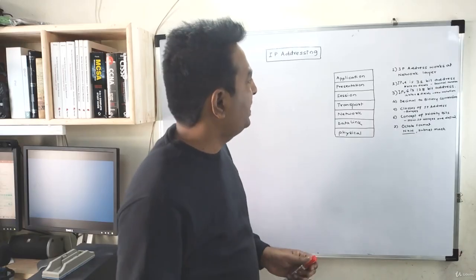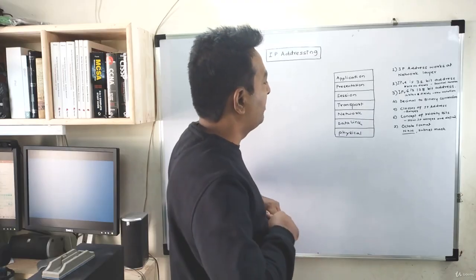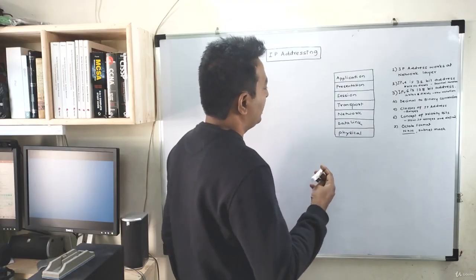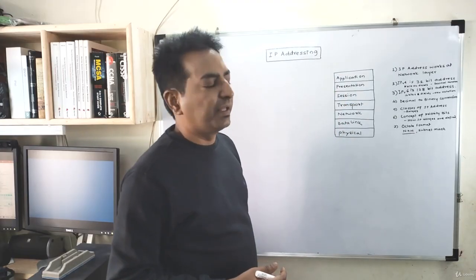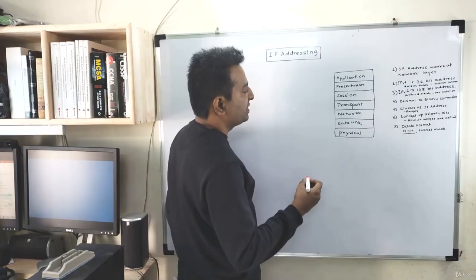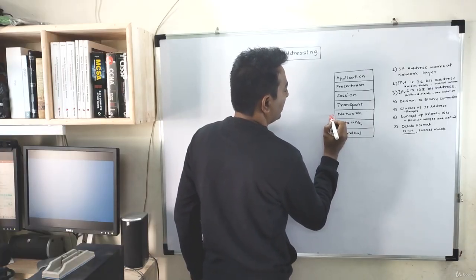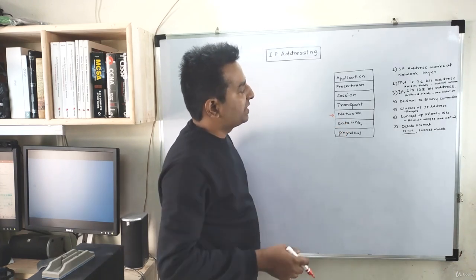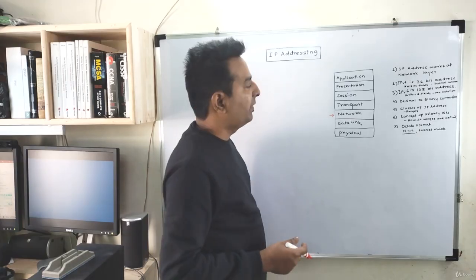So friends, one thing which is very important to understand here is the different layers in the OSI model. IP address works at this particular layer. The layers in the OSI model are numbered from bottom to top.